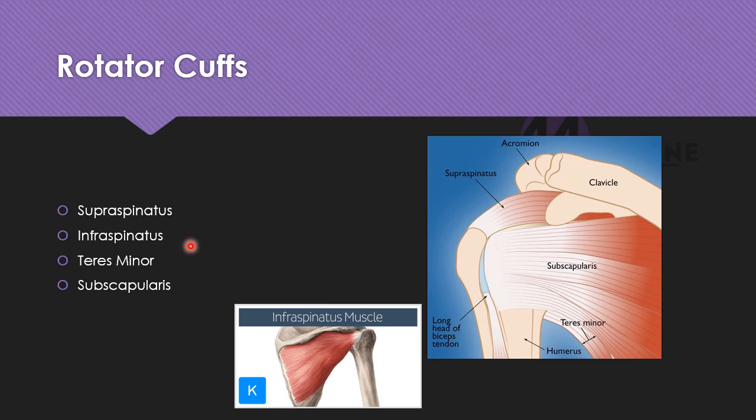As you know, your shoulder joint is actually a ball and socket joint, and ball and socket joints are highly unstable, and there are only two of them inside your body. One is your hip joint, and one is your shoulder joint. So ball and socket joints are usually unstable.